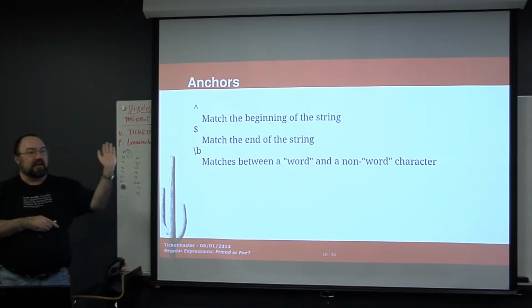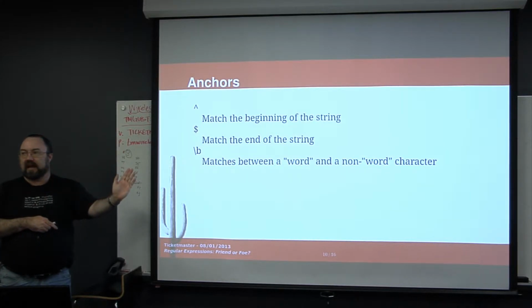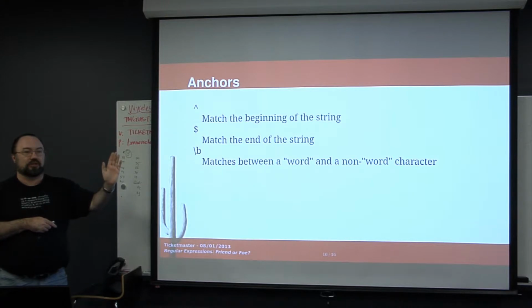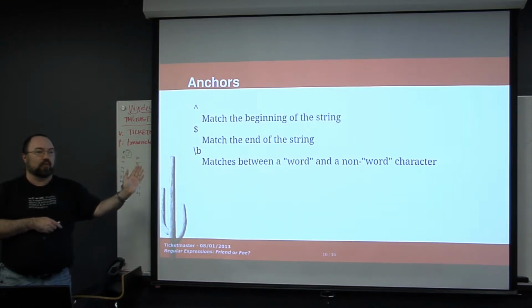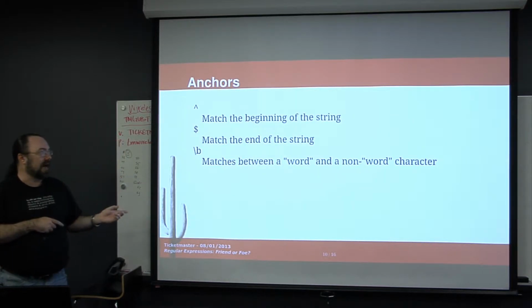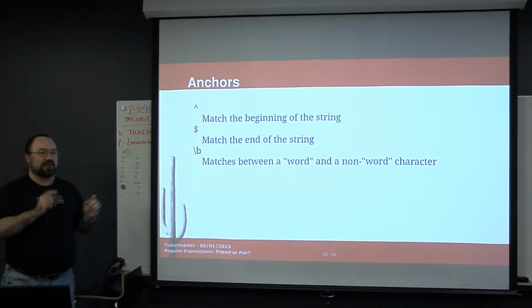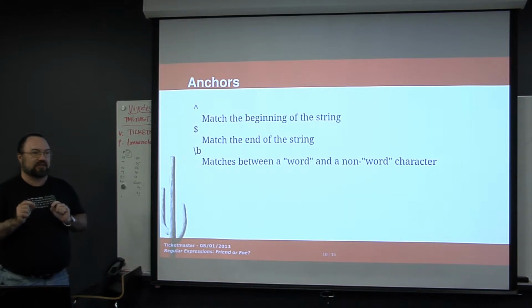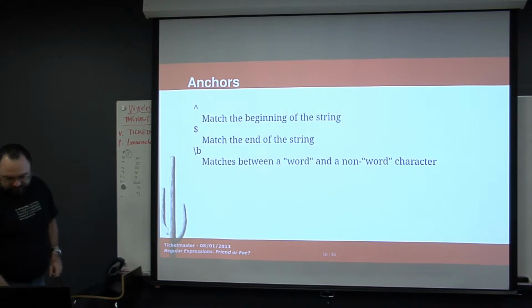And then it would also match after the space and before the C in cat. Anywhere you've got a transition from a word to a non-word or a non-word to a word, either way, it'll match. So that's why I want to make the distinction. It's not matching characters, it's matching actual positions in the string. So far, so good. Everybody down with that? Okay.